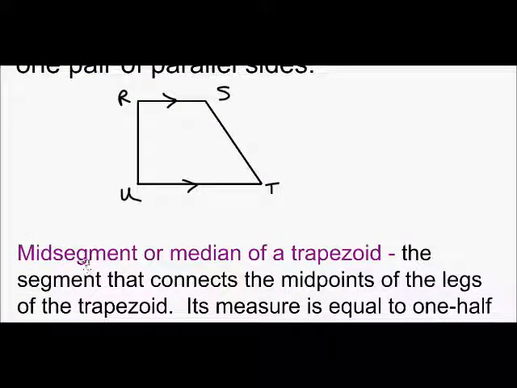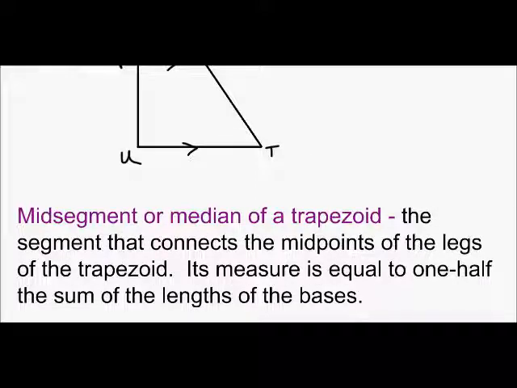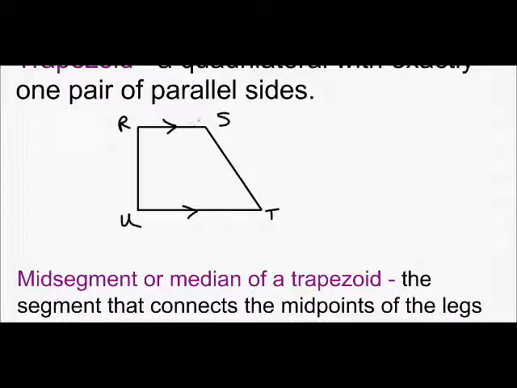The mid-segment or median of a trapezoid is the segment that connects the midpoints of the two legs of the trapezoid. So here RS and UT are both called a base. So this is one base and this is the other base. The two parallel sides are bases, and the other two sides are legs.